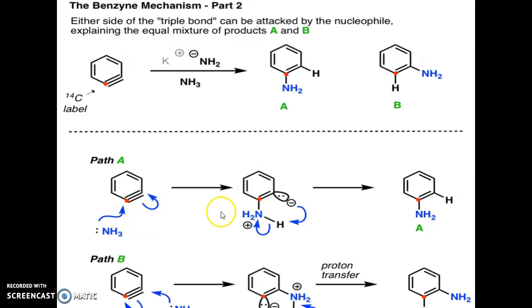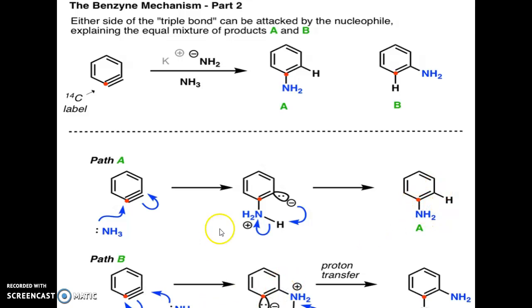Further, the ammonia donates its electrons to this carbon, leading to the breaking of the bond which is outside the two labeled carbons and the adjacent carbon. As a result, when this NH3 attacks here, we can see negative charge formation on the adjacent side of the labeled carbon, and this NH3 donates one of its protons to this carbon, leading to this product.